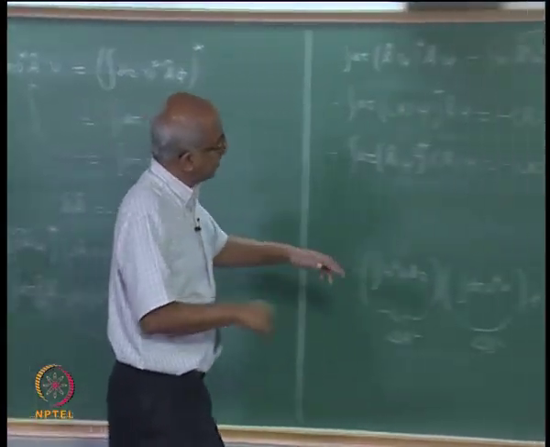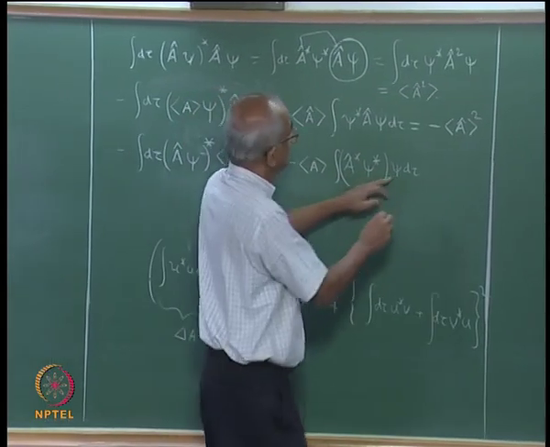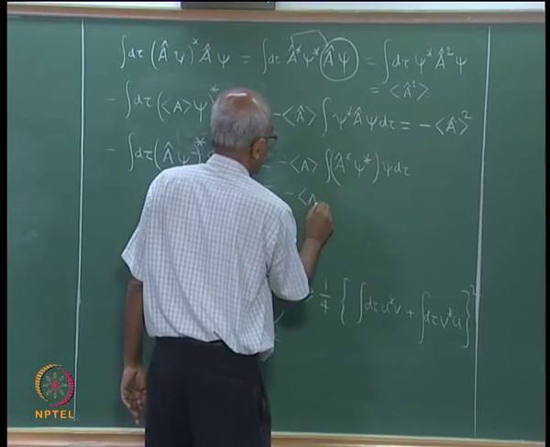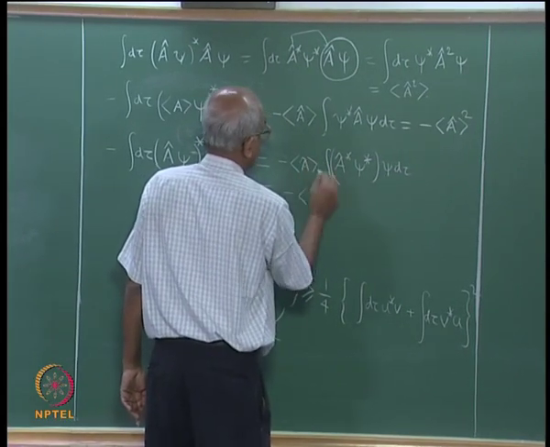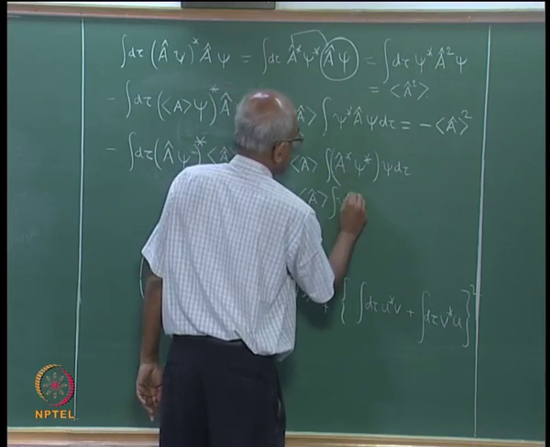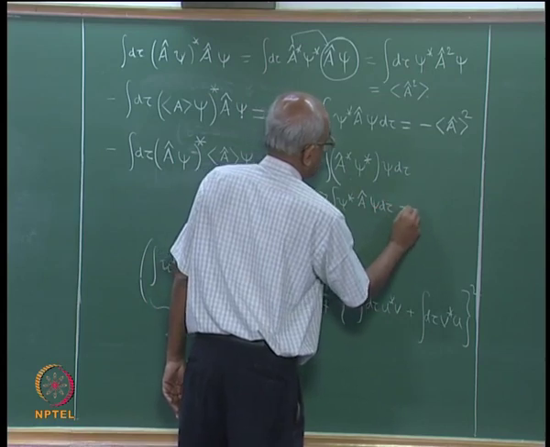And just as previously I can transfer this A star to that psi. So, if I transfer that, what is it that I am going to get? Minus A integral psi star A psi d tau, and what is this?